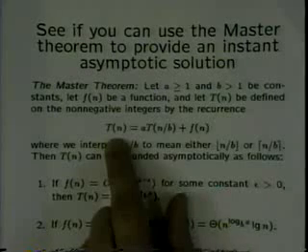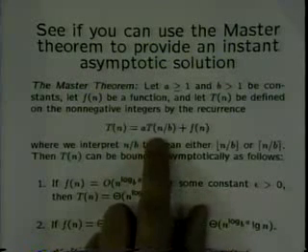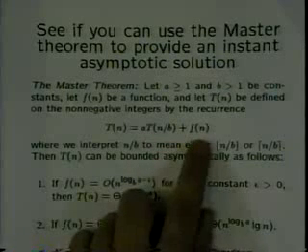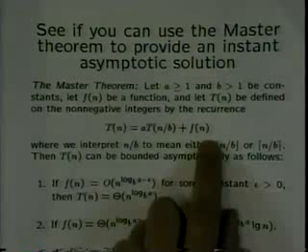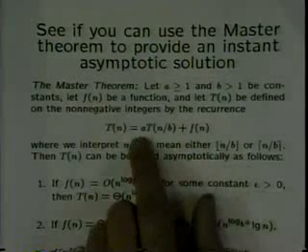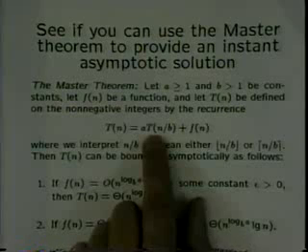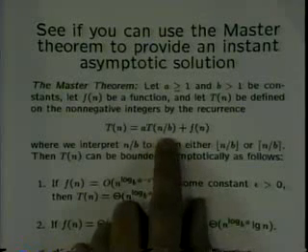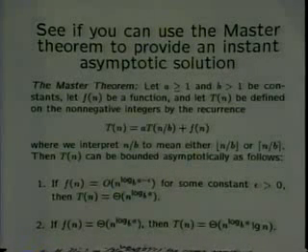T of n is going to be equal to some constant a times T of n over b plus f of n. So f of n is the additive stuff that got left behind. a is the coefficient we're multiplying T of n by. And b is how much we're chopping that argument down each time we do that substitution.